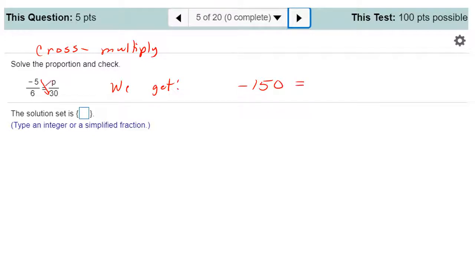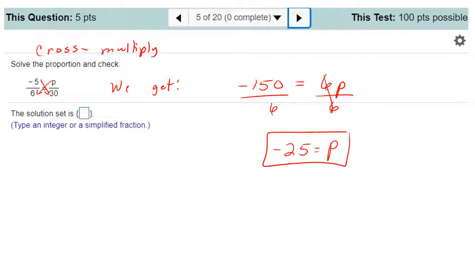And I cross multiply the p times the 6, that would be 6p. Now I need to divide both sides by 6 to solve for p. So negative 150 divided by 6 is negative 25. That would be the solution, negative 25.